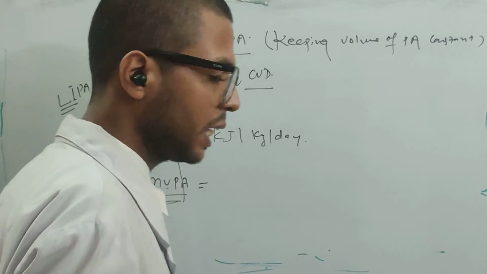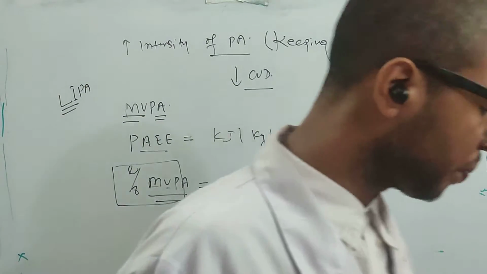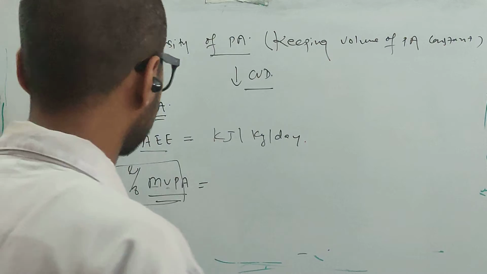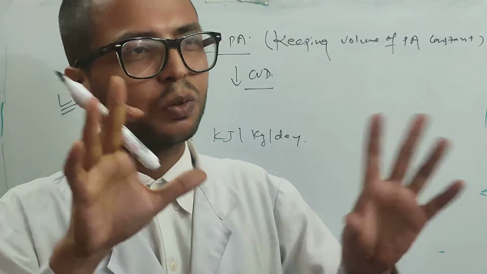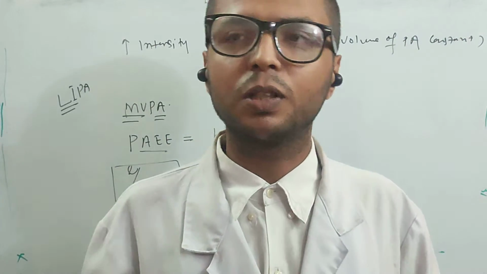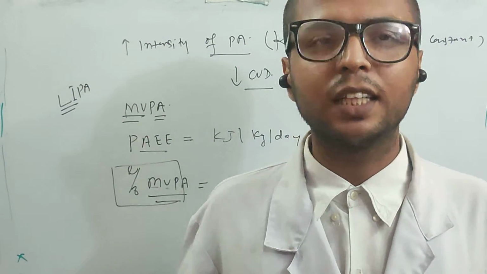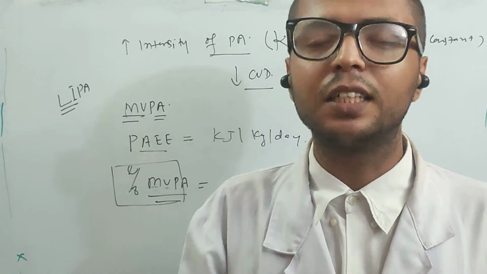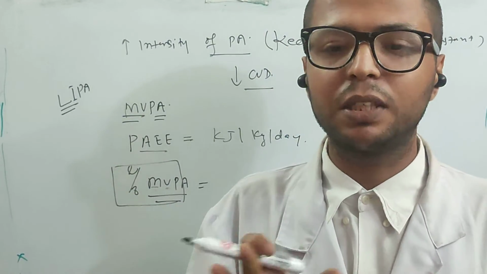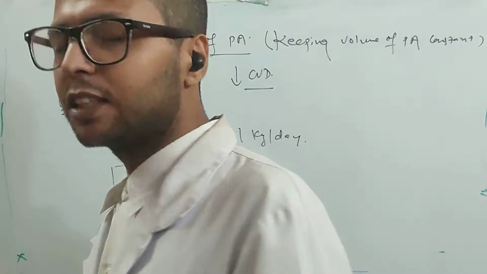Obviously more sample size is needed if you want to analyze them separately. I don't have much statistical knowledge regarding those things, so I may be wrong. You may comment down on why they have not used moderate and vigorous intensity physical activity separately. Just my guess, okay.